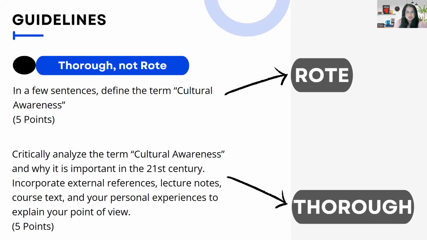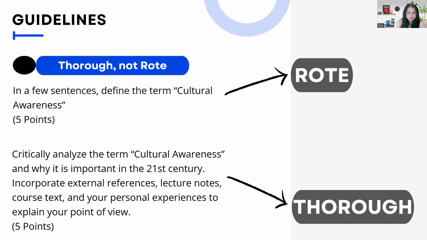So a rote learning example would be: in a few sentences, define the term. Imagine you were teaching a course on cultural awareness, and that was one of the key learning objectives. A rote learning example would be: in a few sentences, define the term cultural awareness. And then the second point here, thoroughness, would be: critically analyze the term cultural awareness and why it's important in the 21st century.